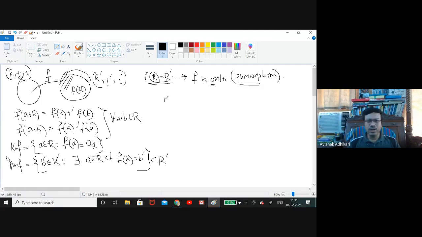One thing we noted in our last class is that kernel of f is an ideal of R. That we have already seen. The second question that can be asked is: is image of f an ideal of R dashed?